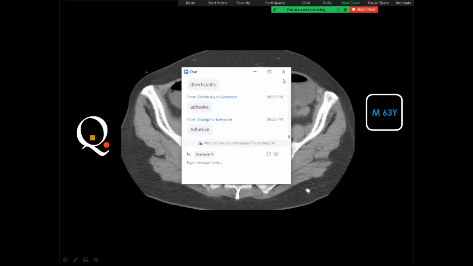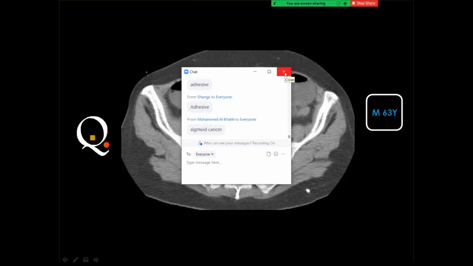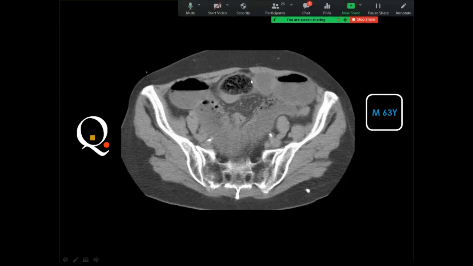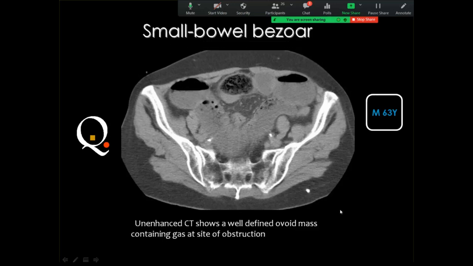Actually, this is not a lesion and not a sigmoid cancer. If you look carefully here, you can see this appearance, which is the combination of a soft tissue density together with air loculi, and this lesion is located inside the bowel, and it is the cause of obstruction, and this represents a small bowel bezoar.